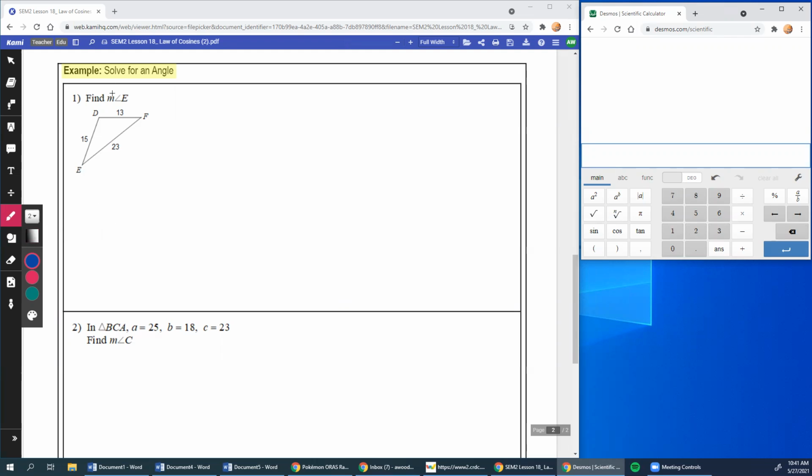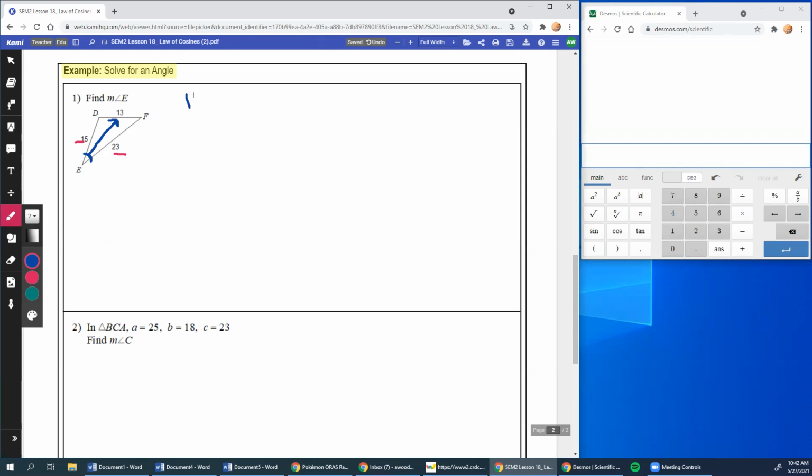All right, so this first one, find angle E. So I'm going to highlight angle E because that is our given angle. And I need to know the side opposite, which is 13. So 15 and 23 are my other 2 sides. So we always start with the side opposite our given angle, which is 13.